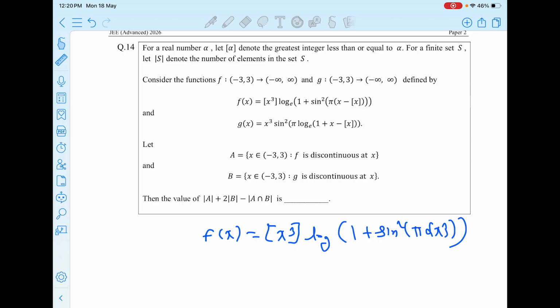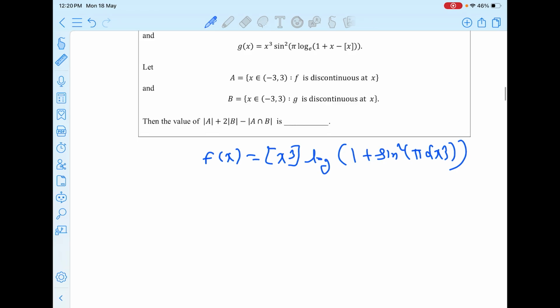So how to calculate points of discontinuities? See, for this function I have to check where x cube is becoming integer, because fractional part of x is discontinuous at integers. So x is from minus 3 to 3, so x cube will be from minus 27 to 27, correct? Minus 27 to 27.